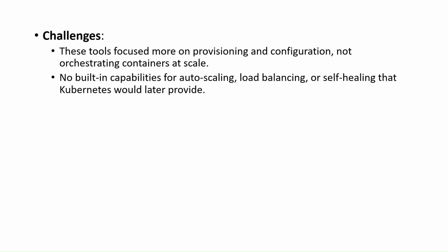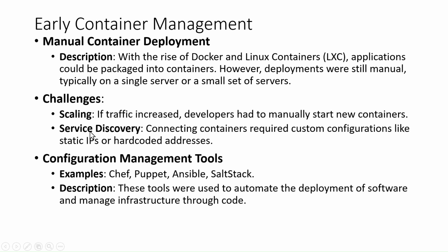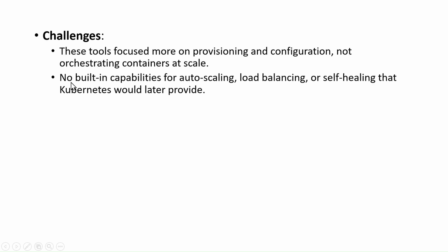So what does it mean? Whatever the base infrastructure, that is storage, RAM, CPUs, everything will be taken care of by those tools, right? Based on the requirement, but not on automating and deploying the containers. So that was the issue they were having with these tools.